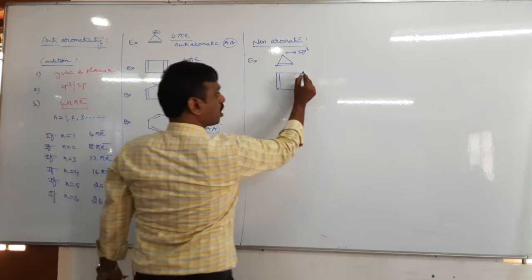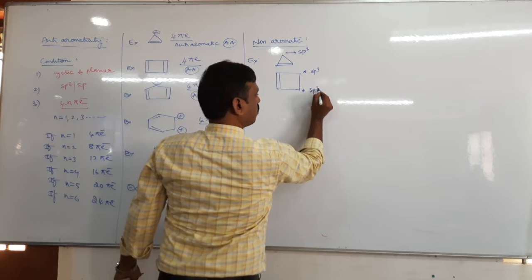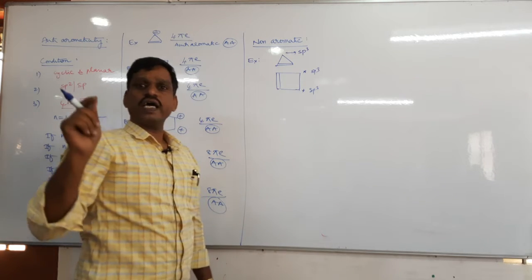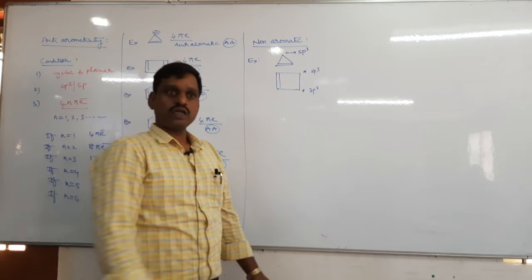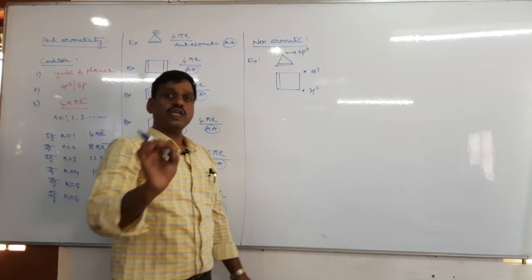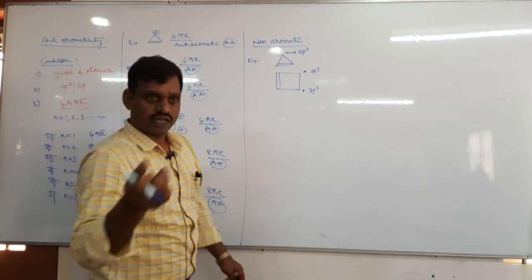Here there are two carbons having which hybridization? sp3. It means if any one carbon has sp3, it loses planarity. So the molecule is not planar.